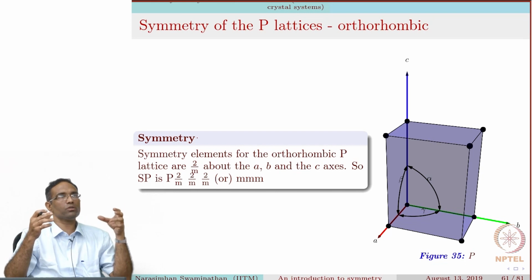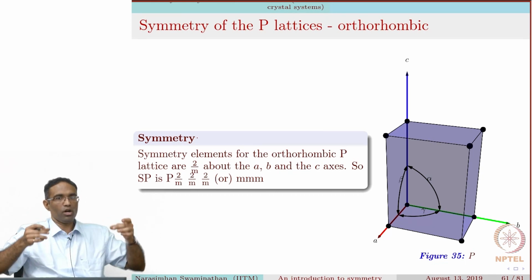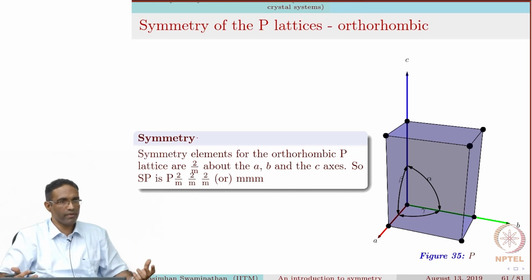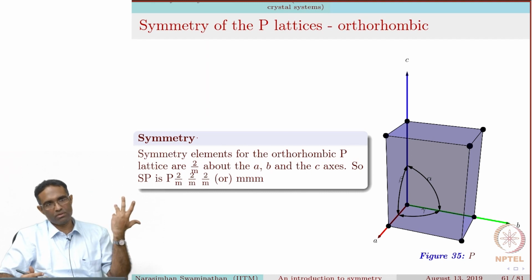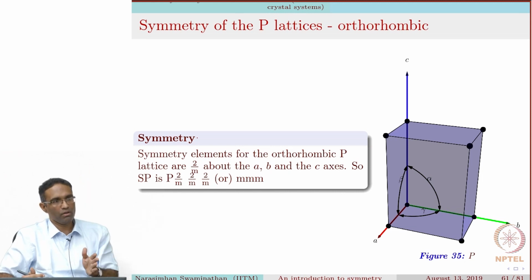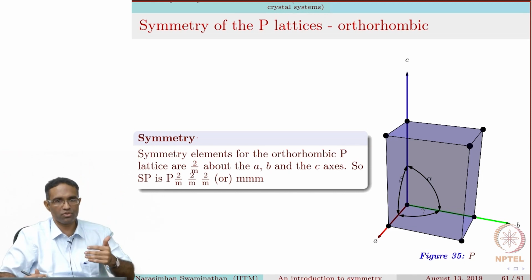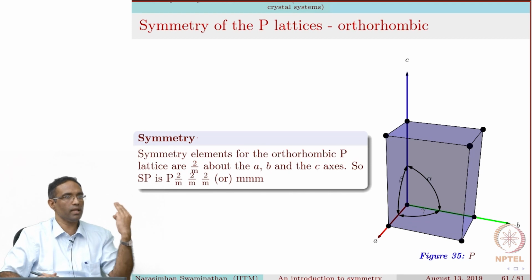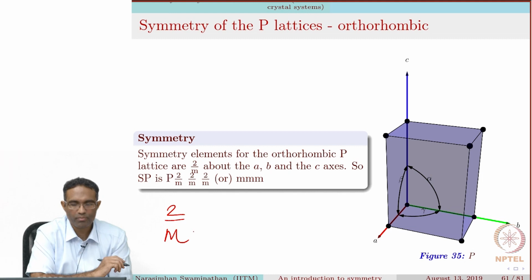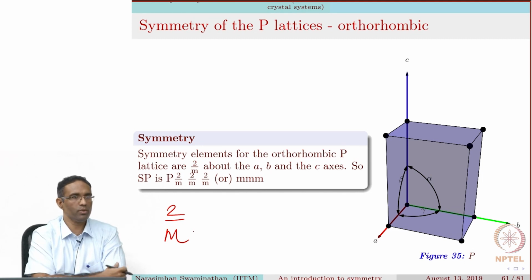What is orthorhombic? Orthorhombic is a rectangle, on top of that another rectangle, and everything on the side is also a rectangle, and we are talking about Bravais lattices. So there is 2 over m perpendicular to the b axis, 2 over m for the a axis, 2 over m for the c axis. So for the 3 non-equivalent a, b and c axes, you have 2 over m, which is the same as mmm, because now the presence of 2 mirror planes implies a two-fold rotation, right?